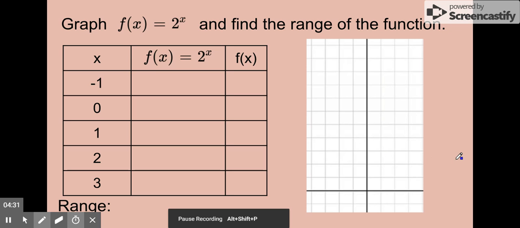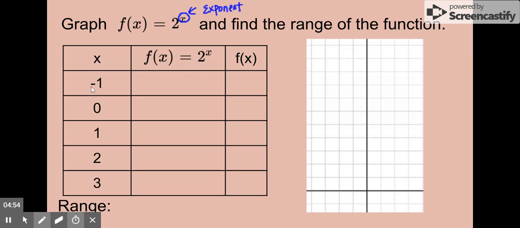All right, now let's graph the exponential function and find the range of the function. I know you have a table on your paper with 5 numbers, and the input is going to be in the exponent. When you plug in -1 for x, it's going to be 2 to the negative first power, and we know how to flip it.